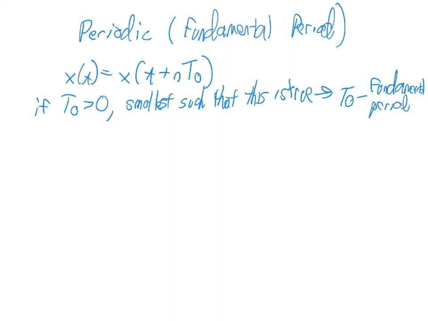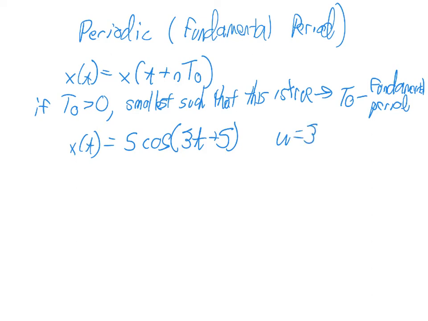Okay, so as an example, if we have x of t is 5 cosine 3t plus 5, well, we have here our frequency is going to be 3 radians per second, which is 2 pi times the frequency in hertz. So our frequency in hertz is 3 over 2 pi.